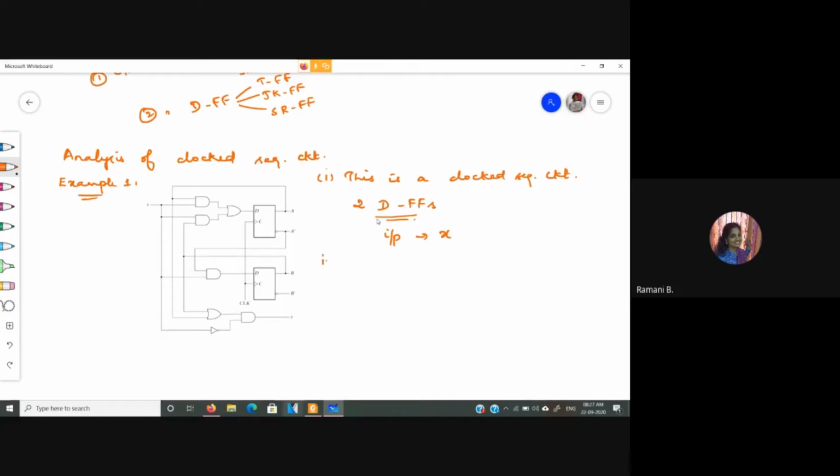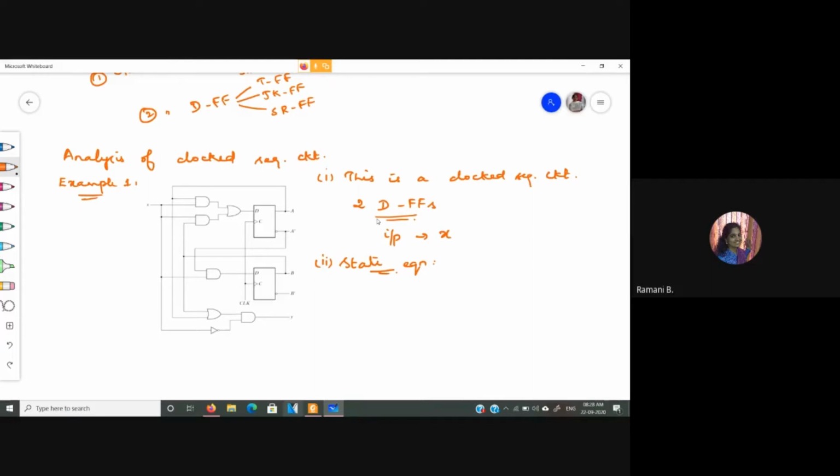The next thing you need to do is write the state equation. As I mentioned, it is used interchangeably with the characteristic equation. Here, with respect to this particular flip-flop, what is the equation, and with respect to the other flip-flop, what is the equation?